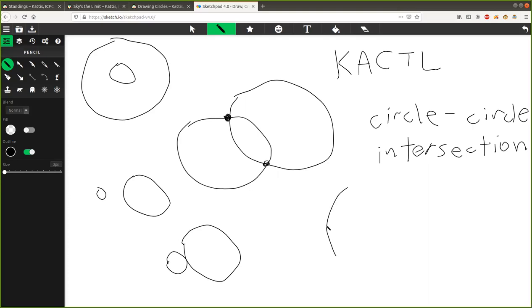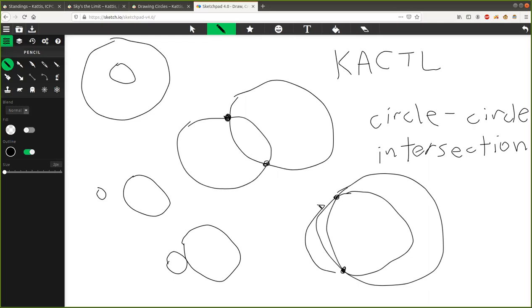What if it looks like this? This is a case where the segment that's being erased is actually most of the circle. So it's not correct to say consider the two intersection points and take the smaller of these two segments.